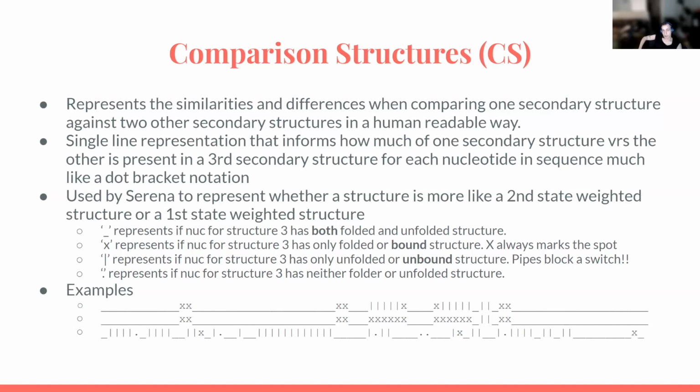If it has an X, then it's only the bound structure, so that's the second state. If it's a pipe, then it's an unbound structure, and if it's a dot, then it's neither.